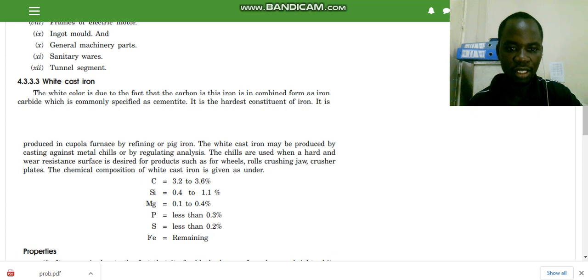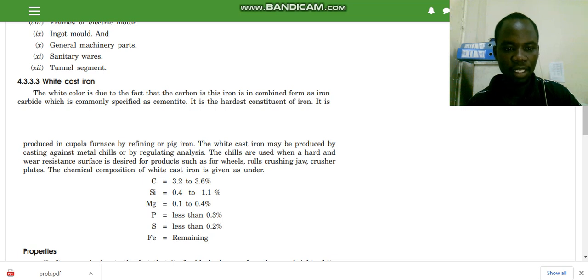The chills are used when a hard and wear resistant surface is desired for products such as wheels, rolls, crushing jaws, crusher plates. The chemical composition of white cast iron is as given.